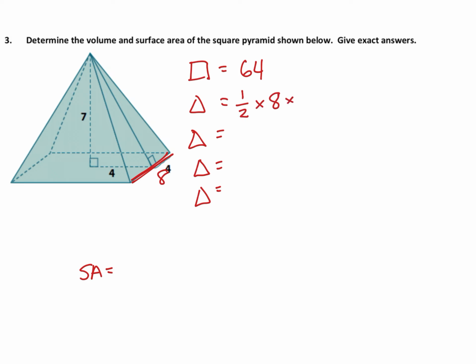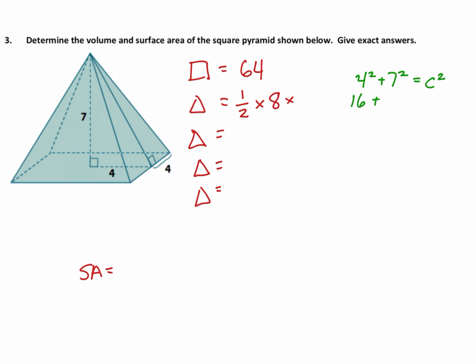But we have to figure out what the height is, because the height of the triangle is actually this part along the side. So we are going to have to use the Pythagorean theorem to figure out what that height is. So we have 4 squared plus 7 squared equals that c squared.